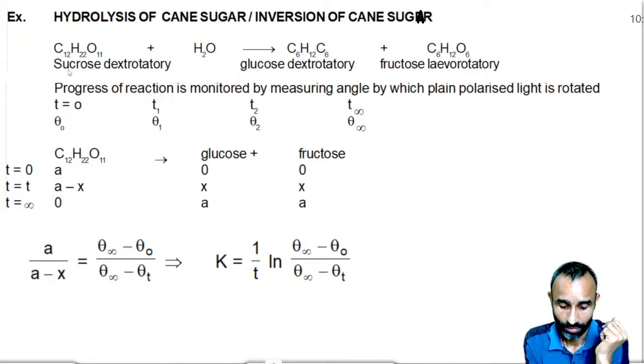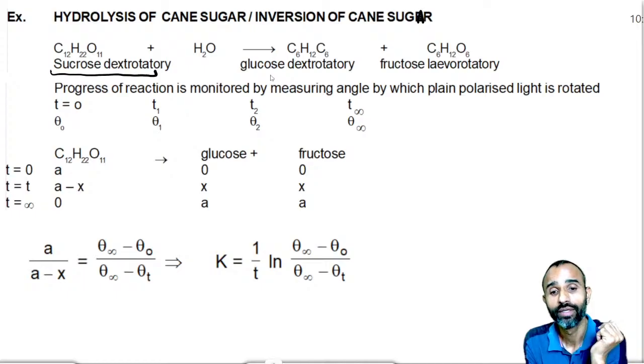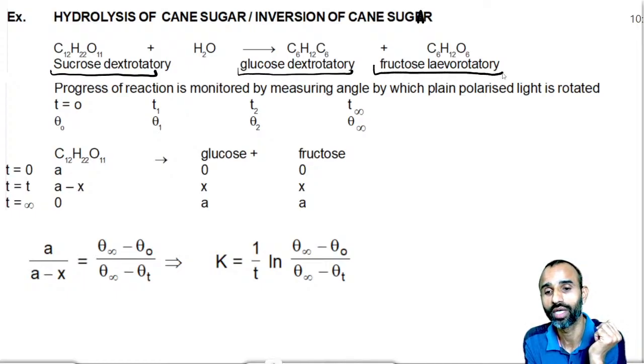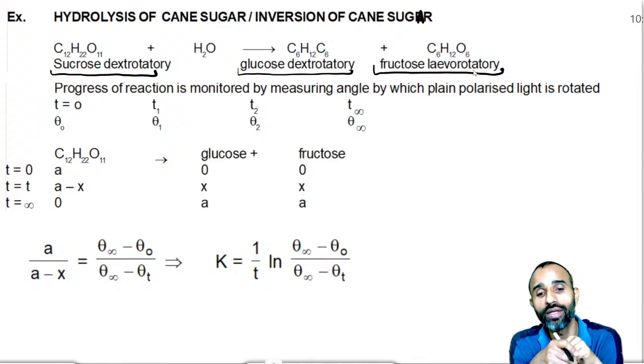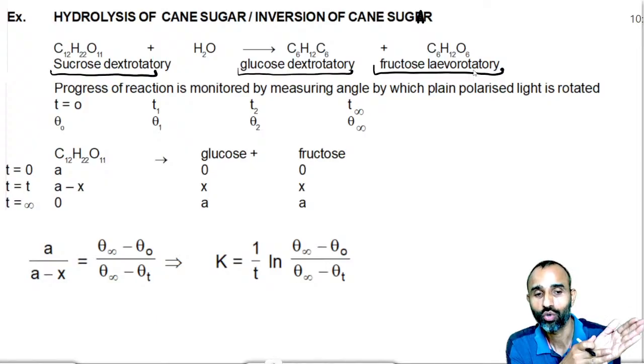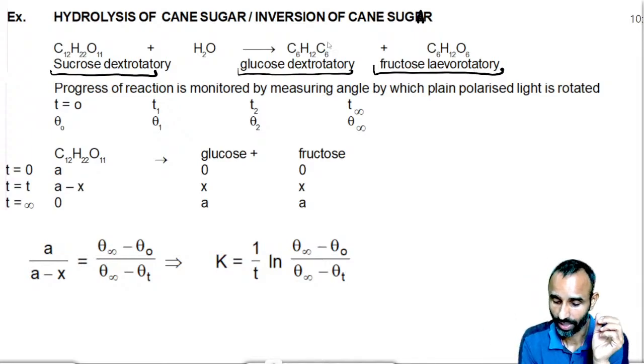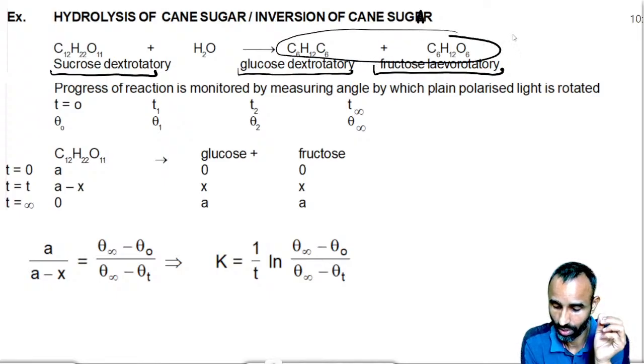Sucrose is dextrorotatory and glucose is dextrorotatory, fructose is levorotatory, and the levo-rotation of fructose is greater than the dextrorotation of glucose. Overall, when it is hydrolyzed, dextrorotatory sucrose is converted into a levorotatory mixture of glucose and fructose, and that's why this mixture is also called invert sugar.